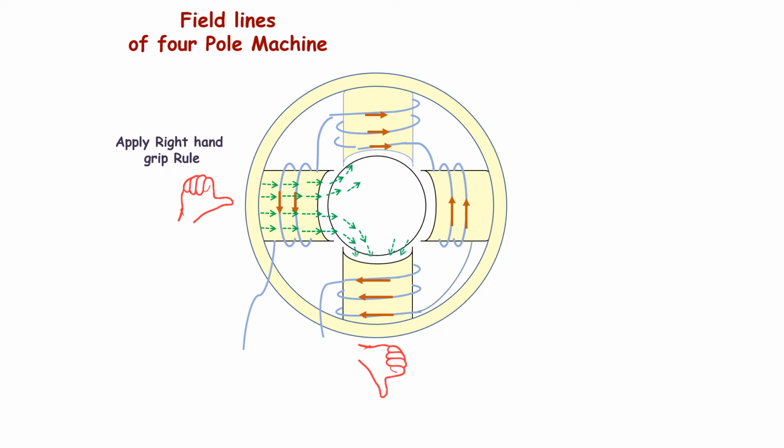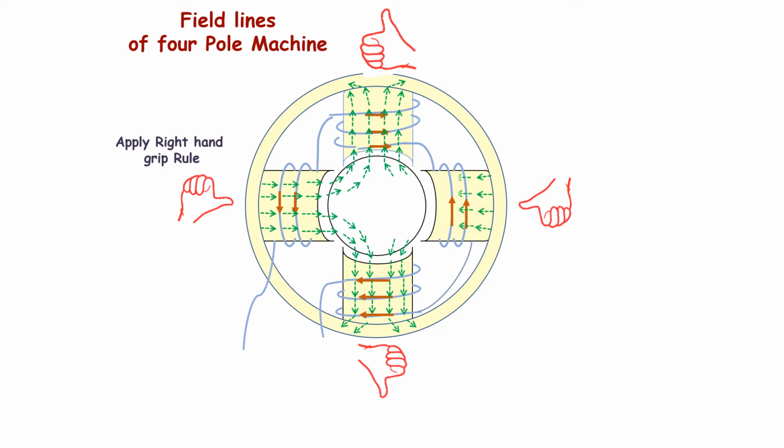The thumb is downwards, so the field lines will be downwards. Let us apply to the third field coil. The thumb is upwards, so the field lines will be in the upward direction. Apply it to the fourth field coil, showing the fingers in the current's direction. The thumb is towards left, so field lines will be towards left.